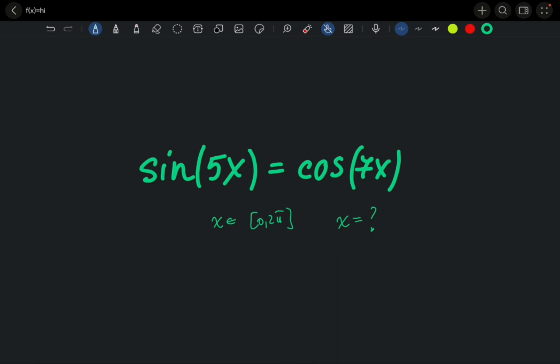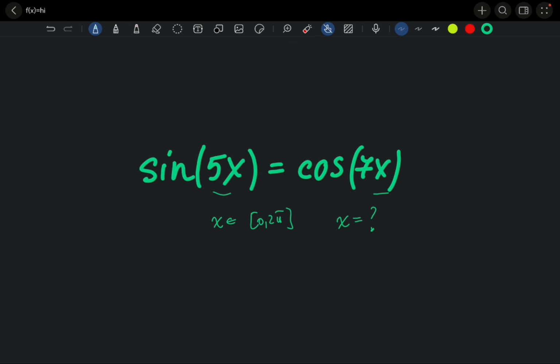Whenever we are dealing with a trig equation, we want to have the same argument, which in this case we don't. We have 5x and 7x, so not the same value, or the same trig function. So is there a way to go from sine to cosine?